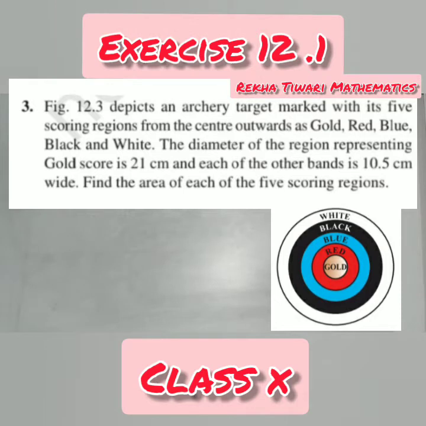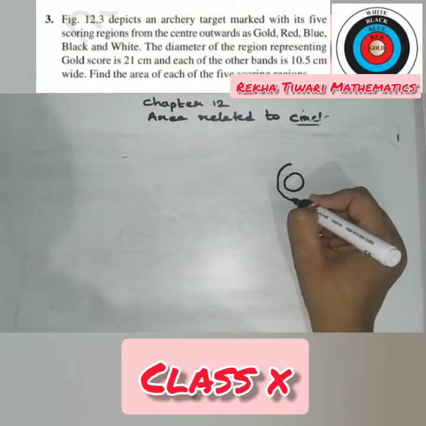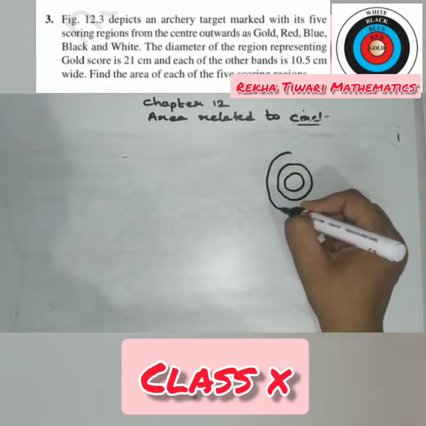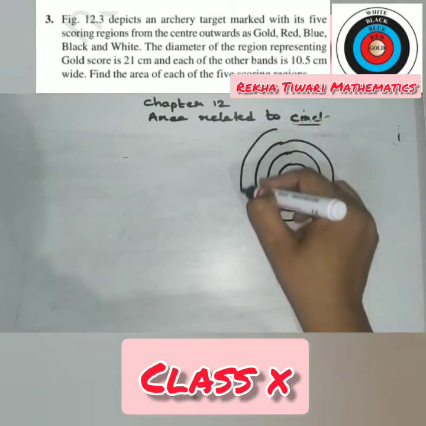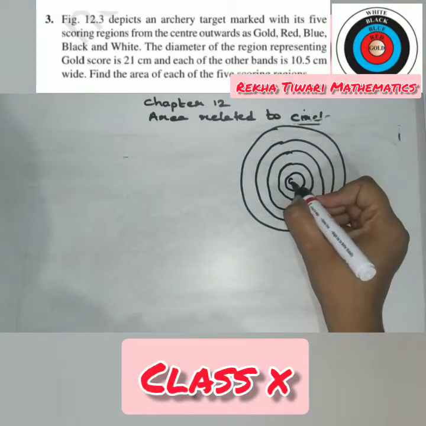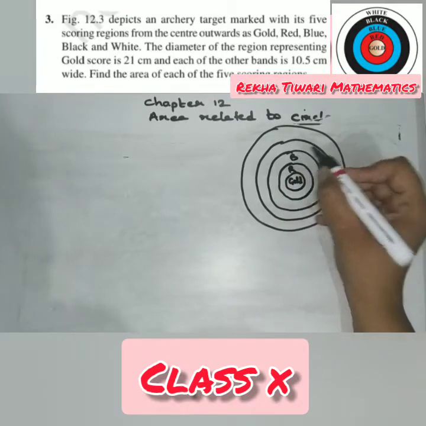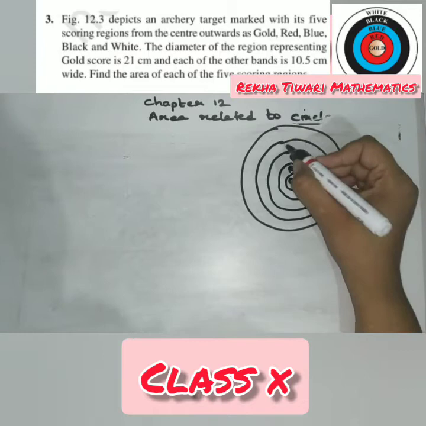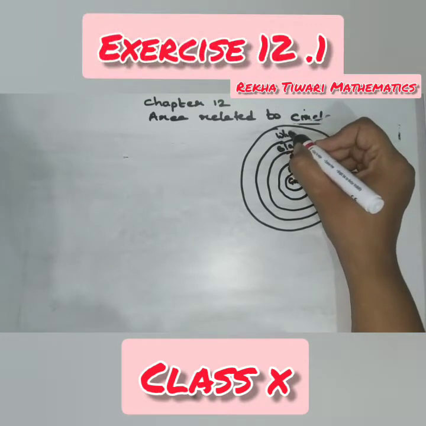Find the area of each of the 5 scoring regions. Okay, so there are 5 scoring regions in an archery target drawn with the help of 5 circles. Correct? The innermost is gold, then followed by red, blue, black and white.